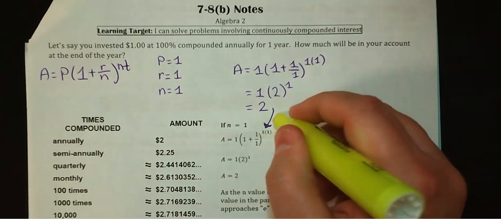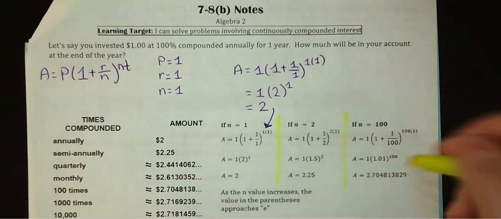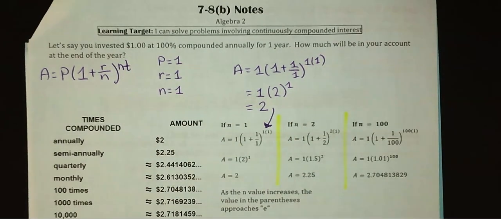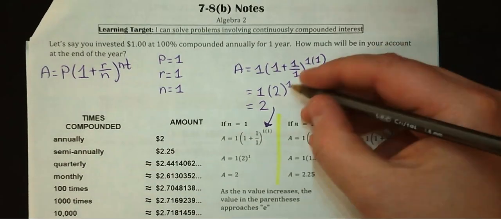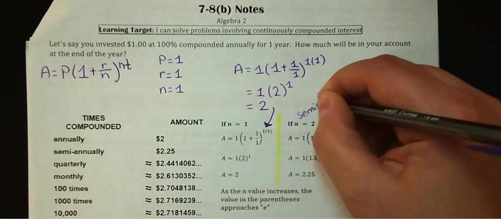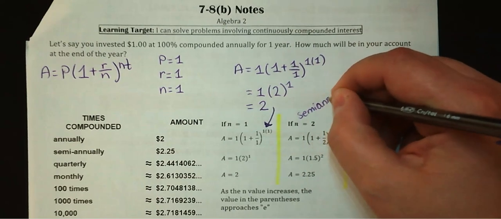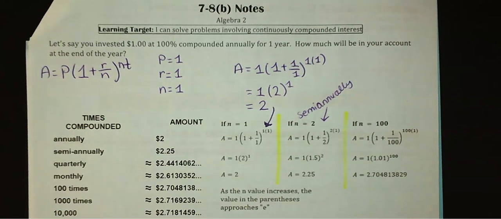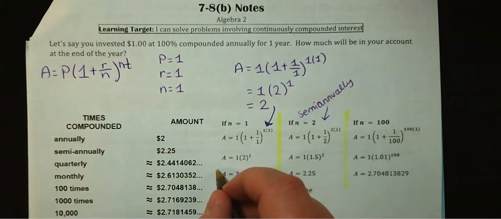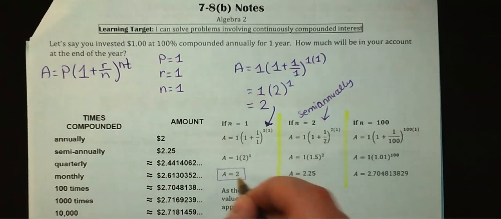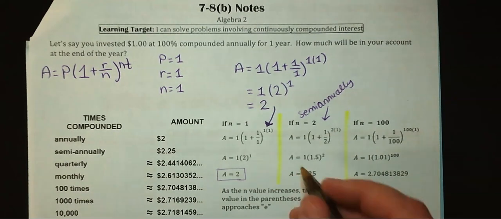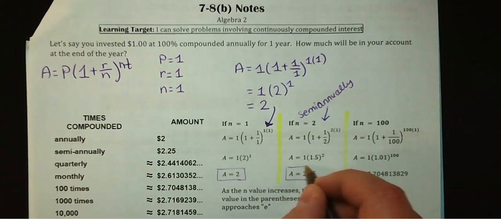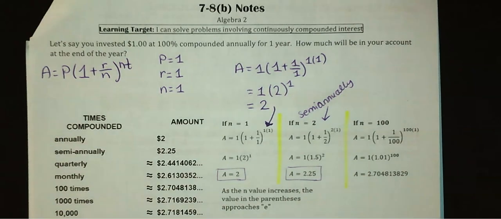Right next to it would be twice a year, so semi-annually. It's exactly the same. If I compound annually, the value in the account would be 2. If I go semi-annually, it's just a little bit more.